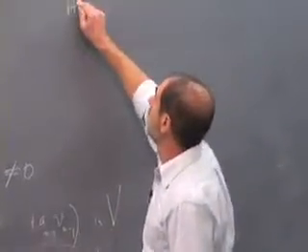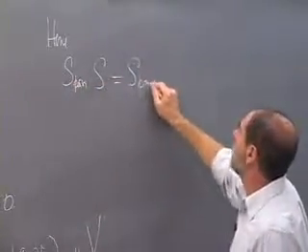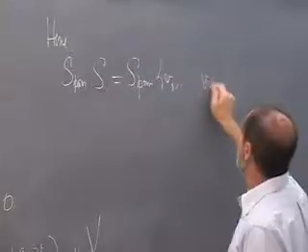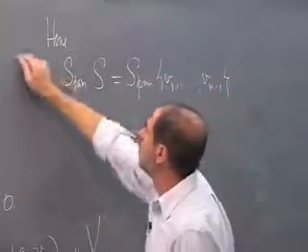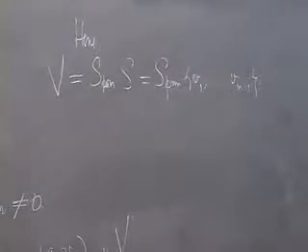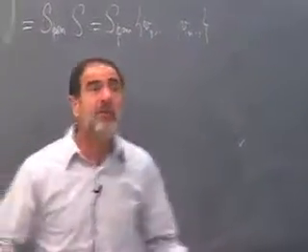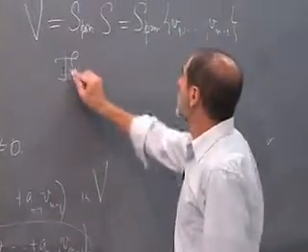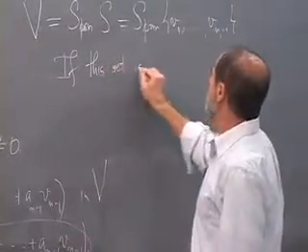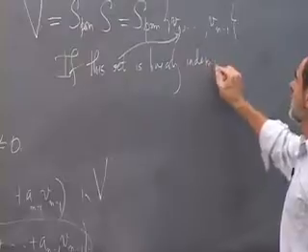So hence, the span of S is the same as the span of the set v1 through v(n-1). And this we assumed was V, because we said that S spanned V. So we've shown that if the set was linearly dependent, we'd be able to throw a vector out of it and get the same span. And now we have a smaller set that spans V. So maybe it's linearly independent. If this set is linearly independent, we're done.